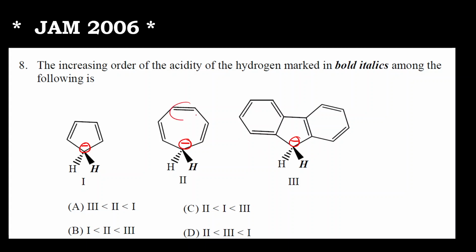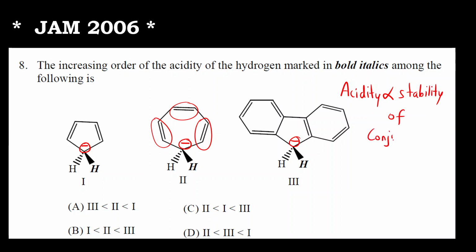Now, if you see this, this is going to be least acidic because this is unstable. Acidity is directly proportional to the stability of the conjugate base. What is a conjugate base? The structure formed after removing the H plus ion. These are the conjugate bases. So this is anti-aromatic, so this will be least acidic.